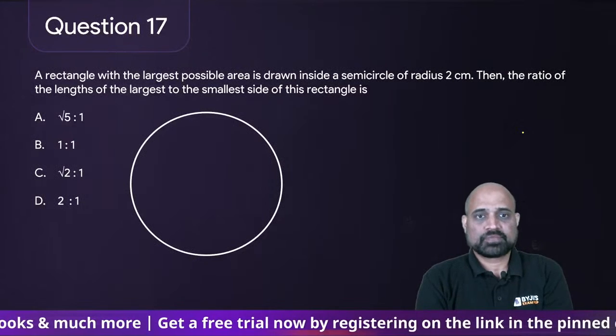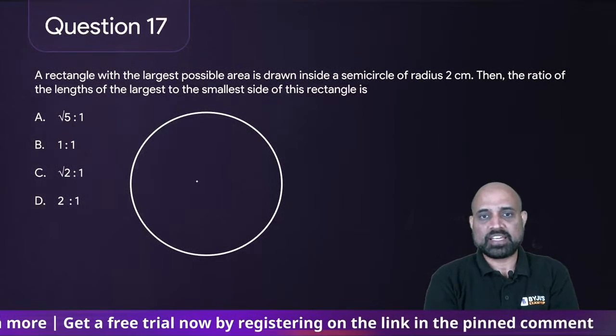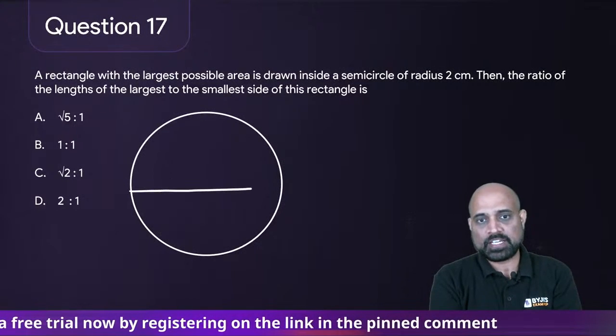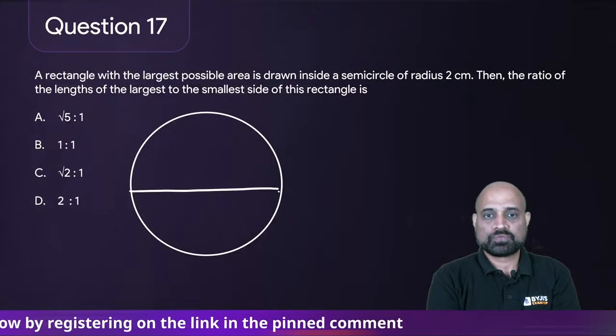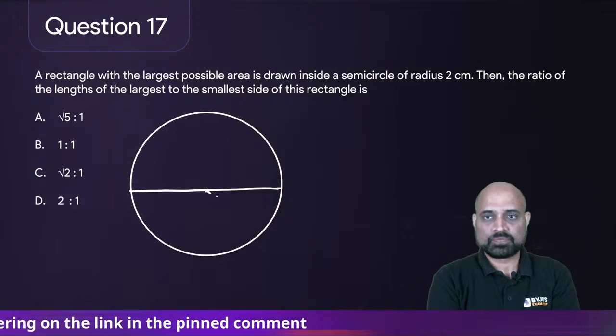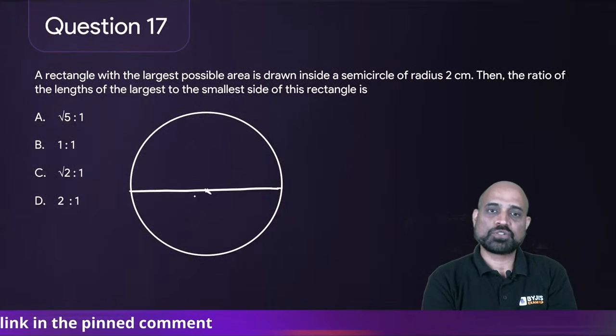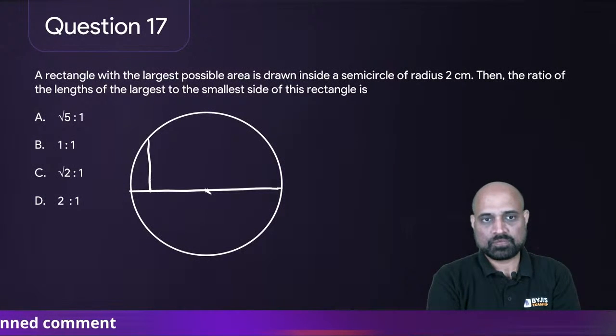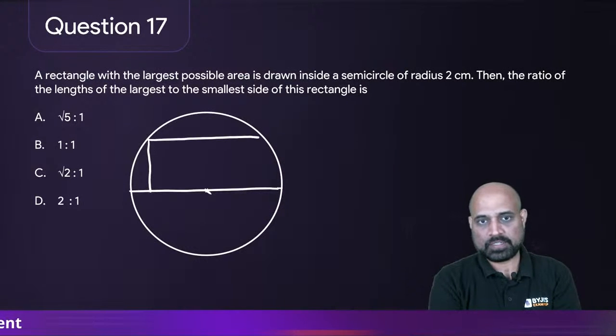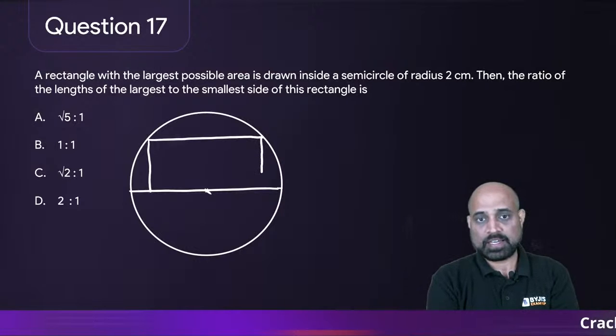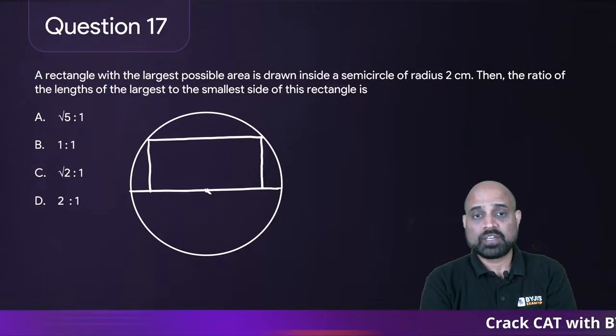Next question. A rectangle with the largest possible area is drawn inside a semicircle of radius 2. The ratio of the length of the largest to the smallest side. So a largest rectangle. A rectangle with the largest area, sorry.